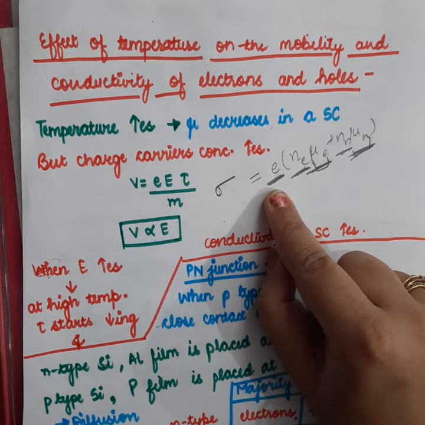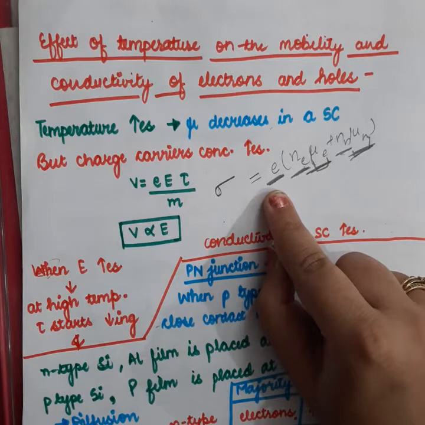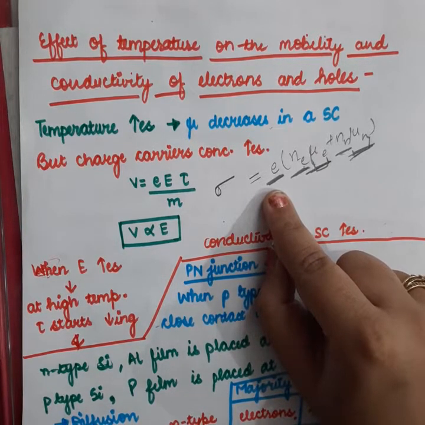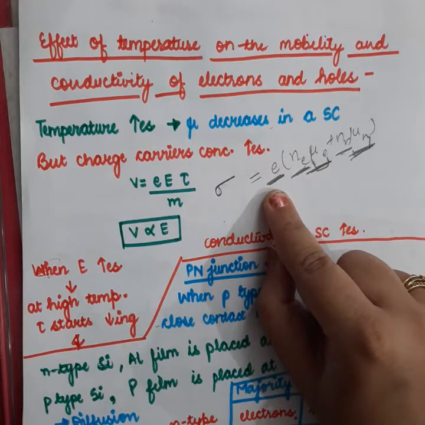Both have the same magnitude of charge, only the signs are opposite. An electron carries minus 1.6 times 10 raised to the power minus 19 coulombs of charge, whereas the hole carries the same magnitude of charge but with a positive sign.